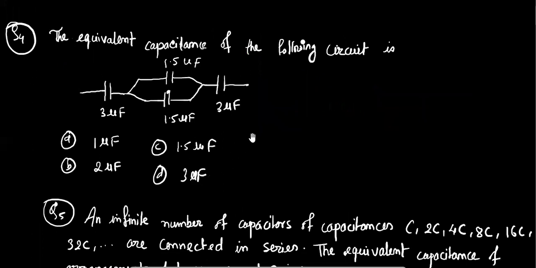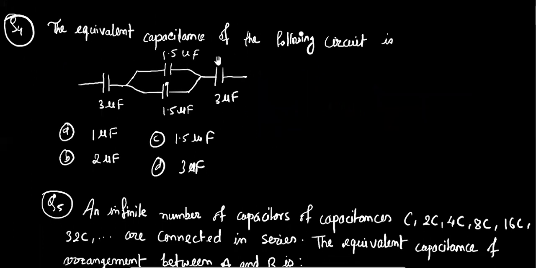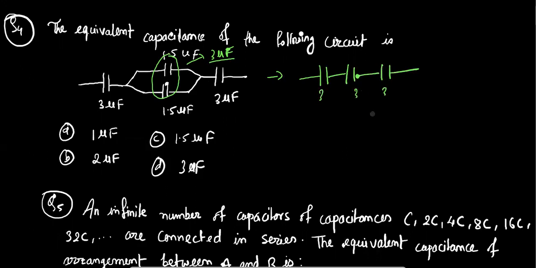Now we are moving towards question number 4. The equivalent capacitance of the following circuit is. It can be easily solved, as these two are in parallel combination. So its equivalent will be 1.5 plus 1.5, which is 3 microfarad. After solving this, we assume a single capacitor having the value 3 microfarad, and then we imagine this combination as a series combination of 3 microfarad capacitors.